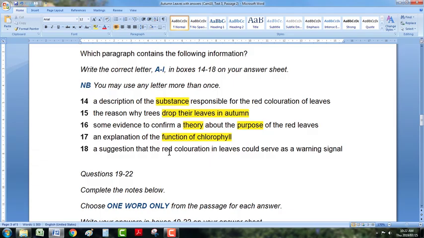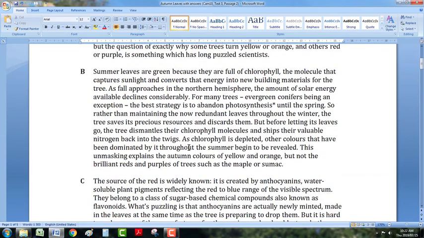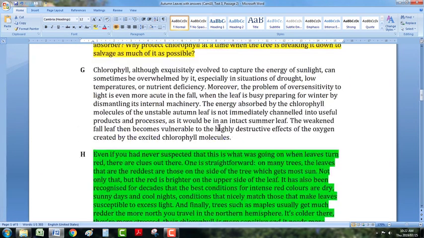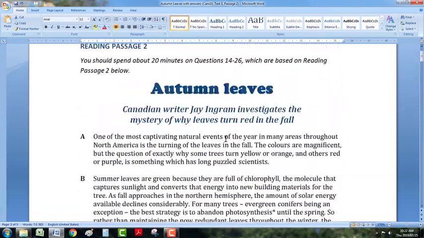A suggestion that the red coloration could serve as a warning signal. All right. Just run those over again in your head. Substance, drop their leaves in autumn. Theory, purpose, function of chlorophyll, warning signal. So you could start. You can look through A quickly, but I would really want to get into B as soon as possible. Some leaves are green because they are full of chlorophyll. Immediately I see chlorophyll. And now we would want to see explanation of the function of chlorophyll.